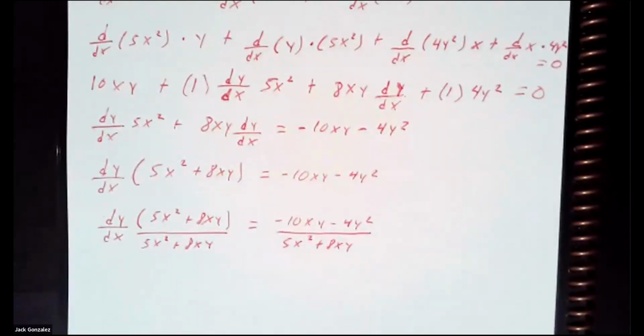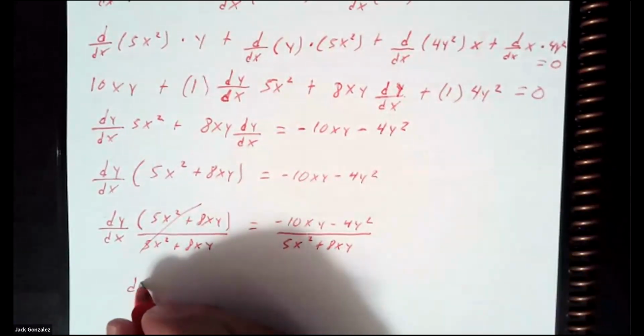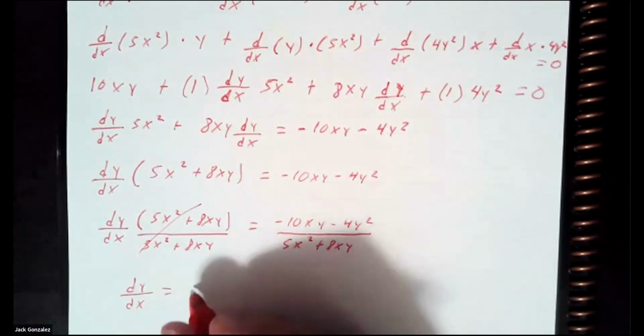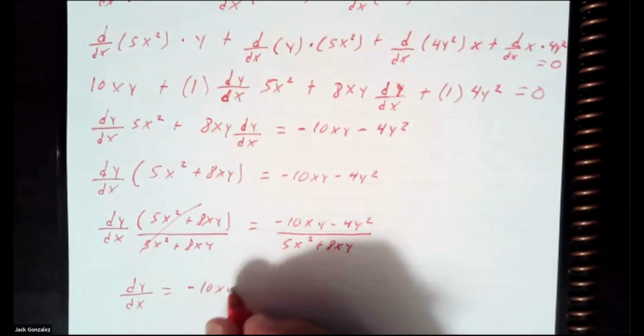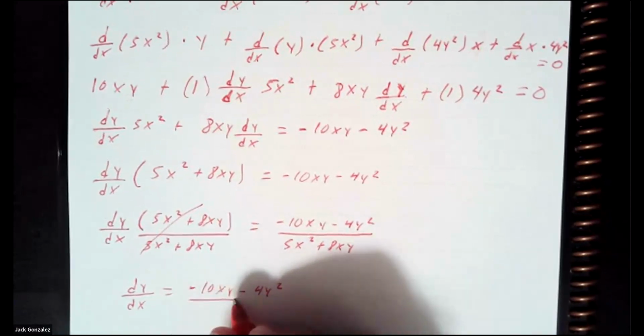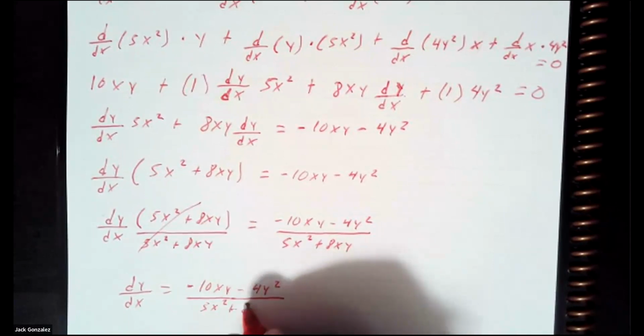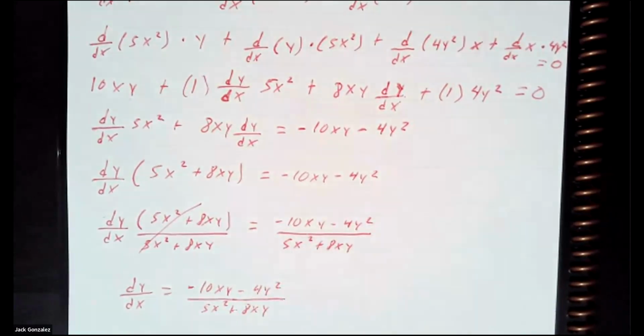So there we go. So dy/dx is equal to negative 10xy minus 4y squared over 5x squared plus 8xy.